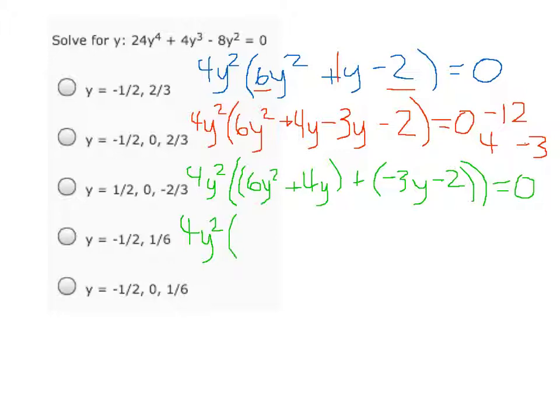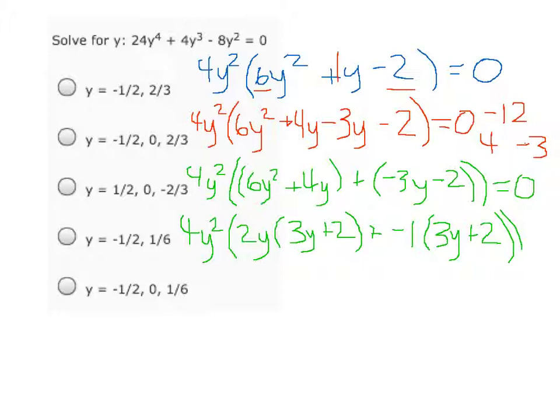In this first grouping, we have common factors of 2y, and when we factor out a 2y, we are left with 3y plus 2. And in this second grouping, we can factor out a negative 1, and when we do so, we also get a 3y plus 2. And that still equals 0.